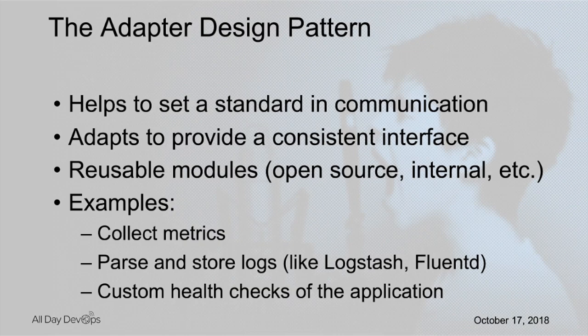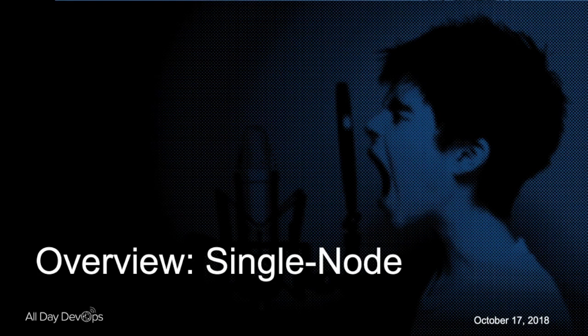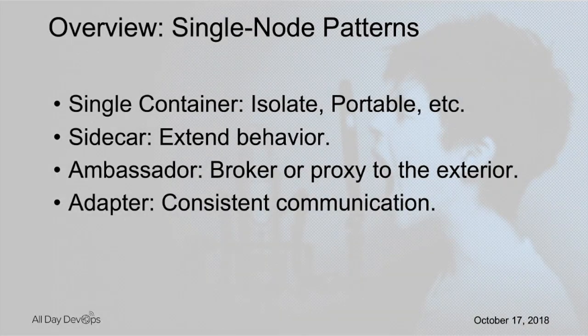You could have more intelligent health check applications that, again, you can use for other parts of the system, for another microservice, for example. So the overview of the single node patterns is that you will have the single container, you will have isolation, you will have portable containers, etc. Basically, all the benefits that you get by using containers. The other pattern that we just saw is the sidecar pattern, which works to extend the behavior of the application container.